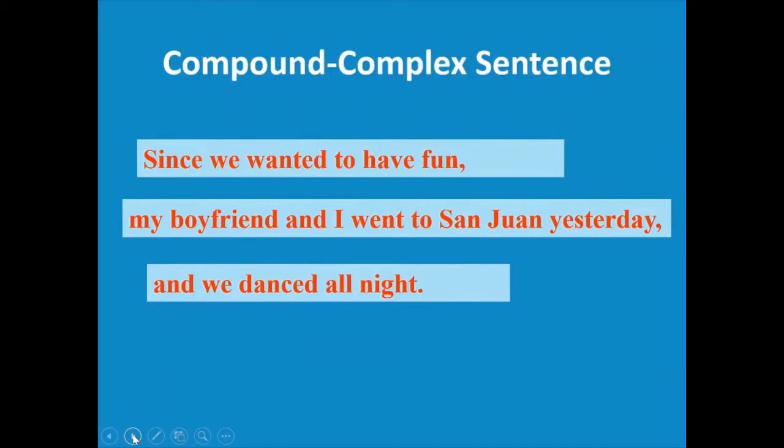Here's an example. Since we wanted to have fun, my boyfriend and I went to San Juan yesterday and we danced all night.